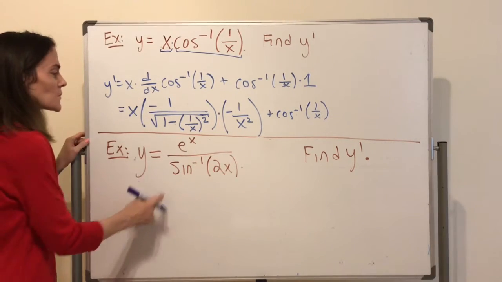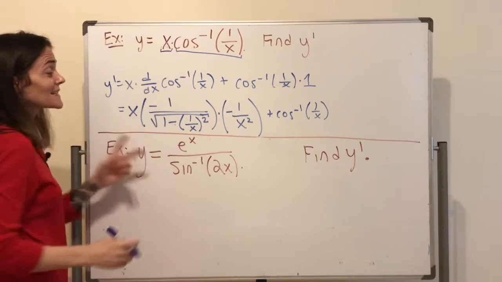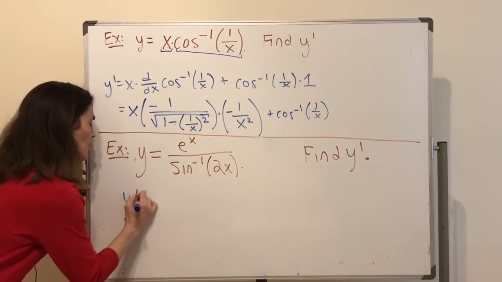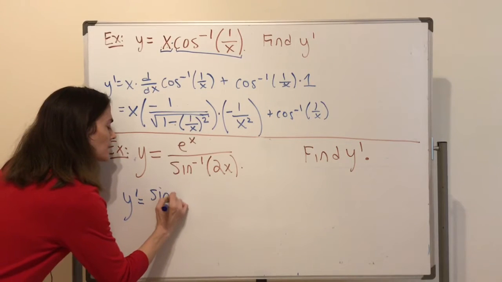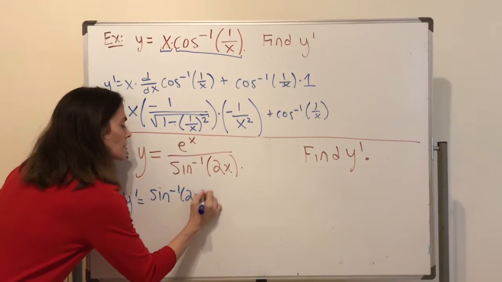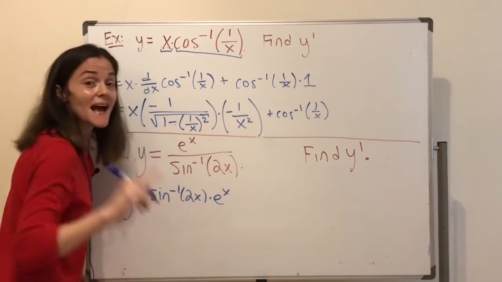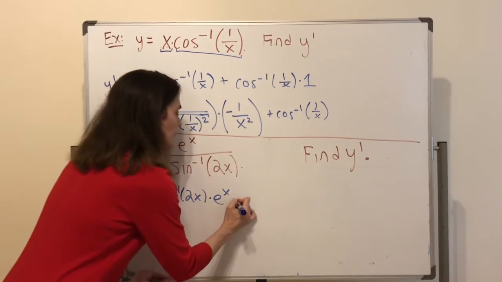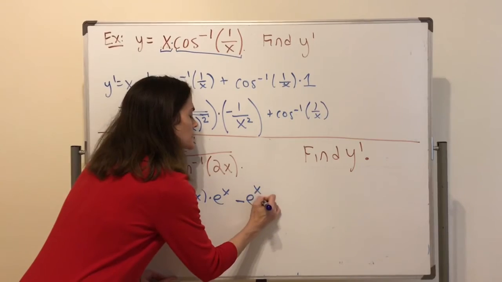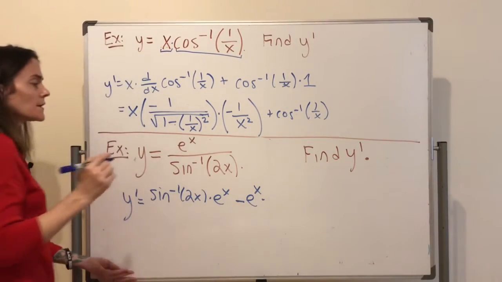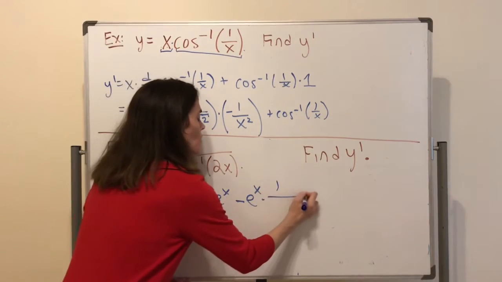Now for this one. Well, this was product. This one is quotient. We have denominator times derivative of the numerator. Derivative of e to the x is e to the x. And then minus the numerator times, now I differentiate the denominator.